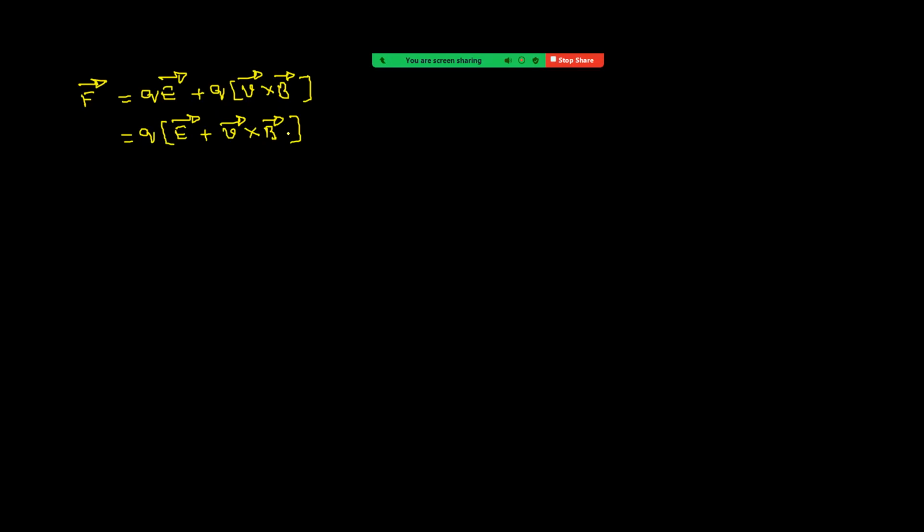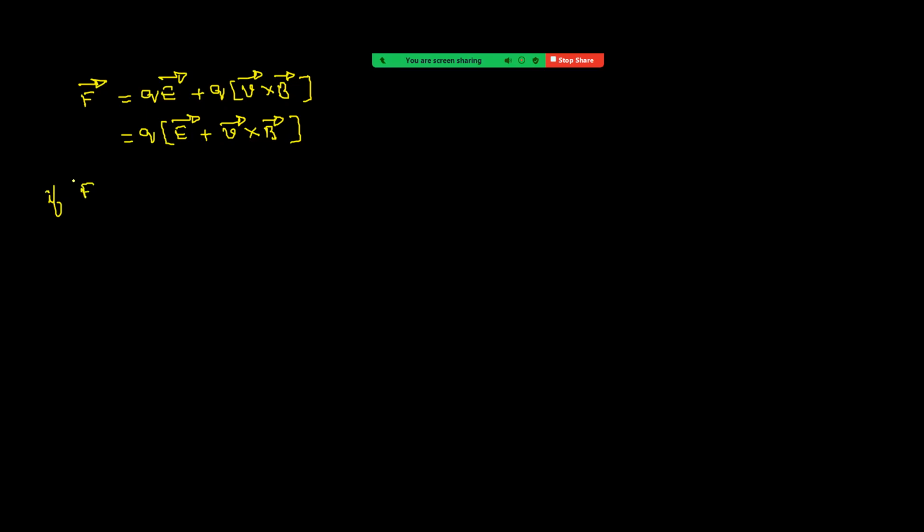And here we can have many possibilities, like this vector, that means E bar plus V bar cross B bar, this total vector can become zero. That means when electric field and magnetic field, both the vectors are present, still net force on the particle can be zero. Let us see.